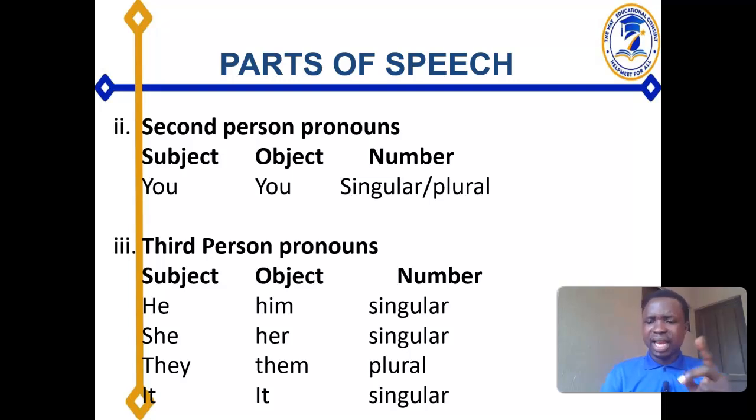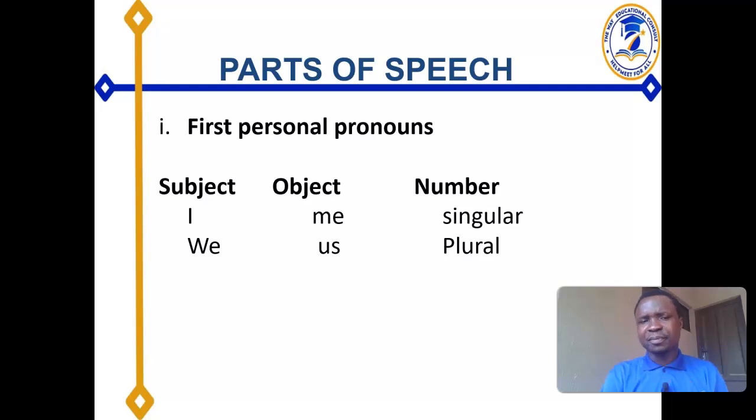Are we following? Let me also comment on the first one before I move to the third person. On the first person pronoun, you see I as a subject. When you use it with be verbs like am, is, was, those are the singular be verbs, right? But the one that works at the present position with it is am, singular. Past, was. But when you are using I, singular subject, with action verbs, lexical verbs that show actions, you are going to look for a plural verb for it.